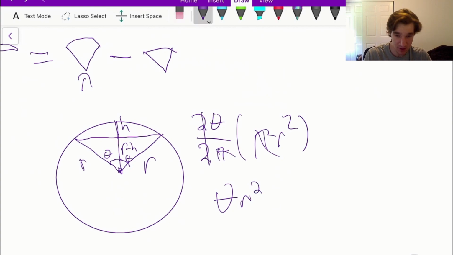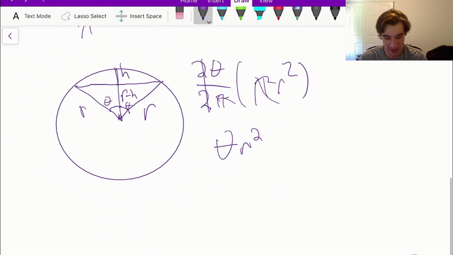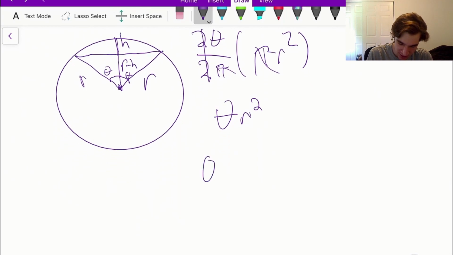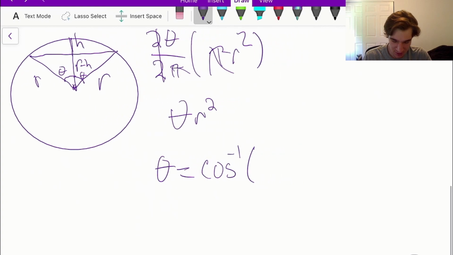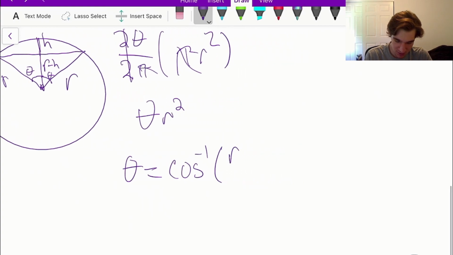My squared went away. So once we get that, we have to figure out what theta is in terms of r and h. So we get theta equals the cosine inverse, and it's SOHCAHTOA, so it's adjacent over the hypotenuse.